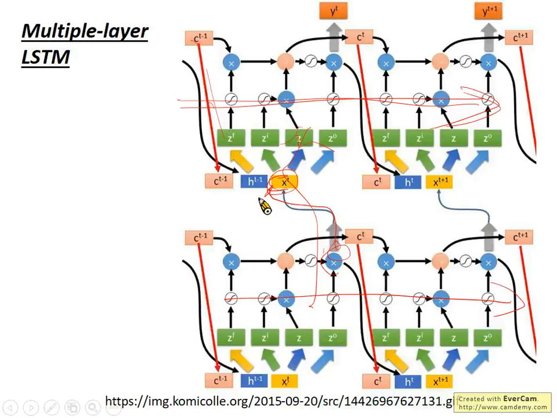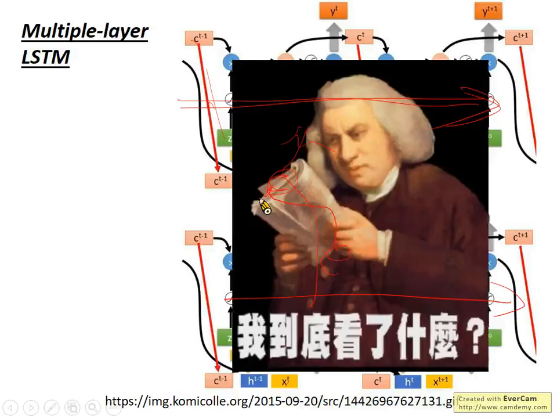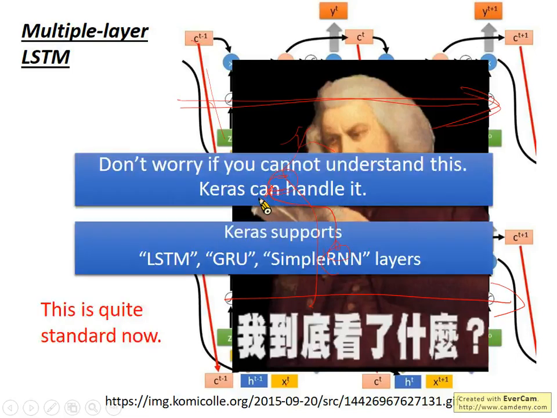At first, many people see this and feel, what the hell am I reading? This is too complex, I will never implement it. However, don't worry. If you cannot understand this, you can use a toolbox like Keras to do this.